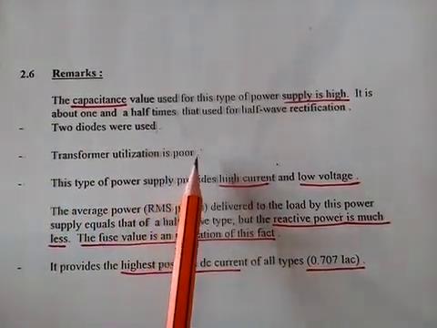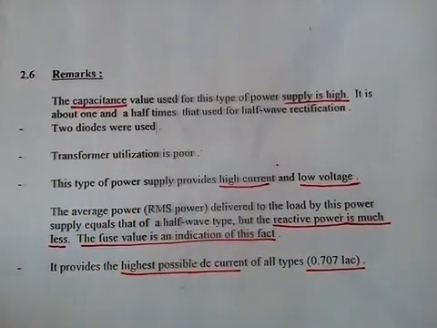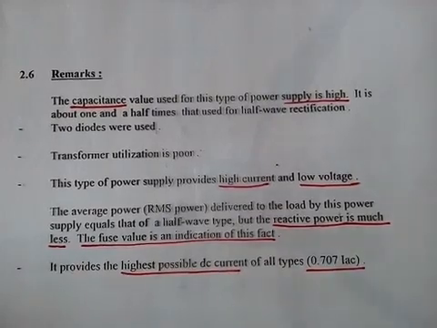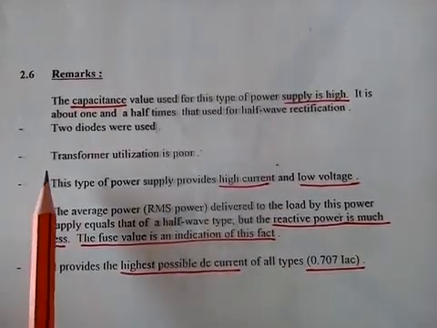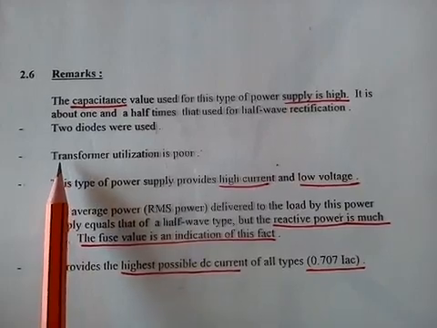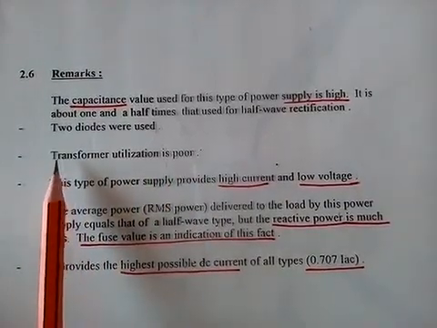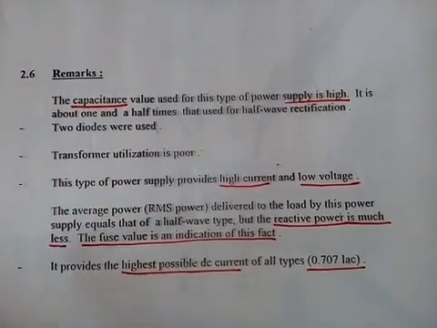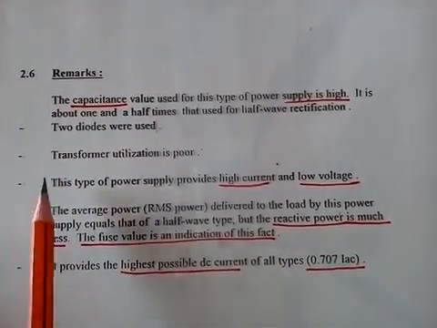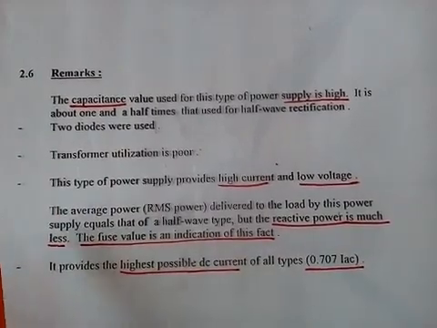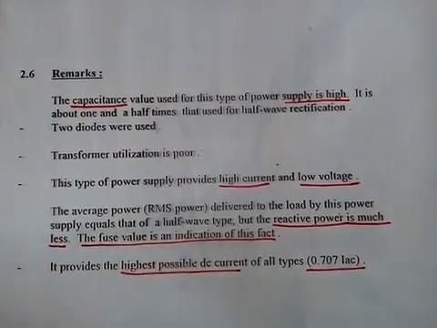Transformer utilization is poor. It's always the case whenever you alter the shape of the output. That transformer was designed to give a sine wave, and you alter it to start giving pulses, and that means you change the shape of the waveform, which means you are not going to get the most out of it because you are always dealing with RMS.